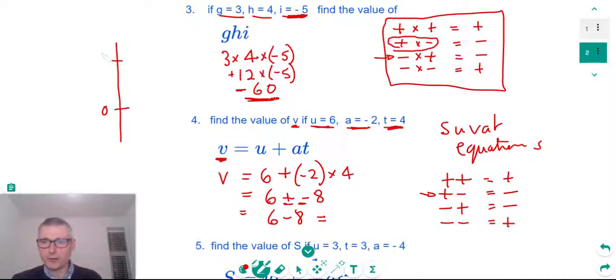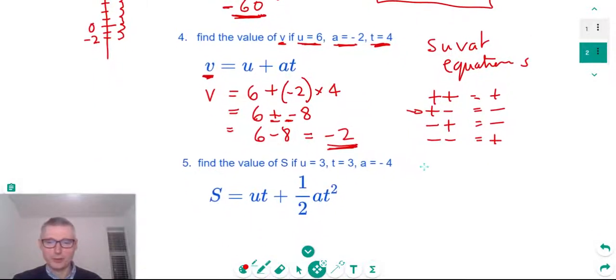So 6 was up there. 1, 2, 3, 4, 5, 6. And then if I took away 8 from that 6, I'd actually go 1, 2, 3, 4, 5, 6, 7, 8 into the negative. And actually that's -2. So the answer to that one is -2.